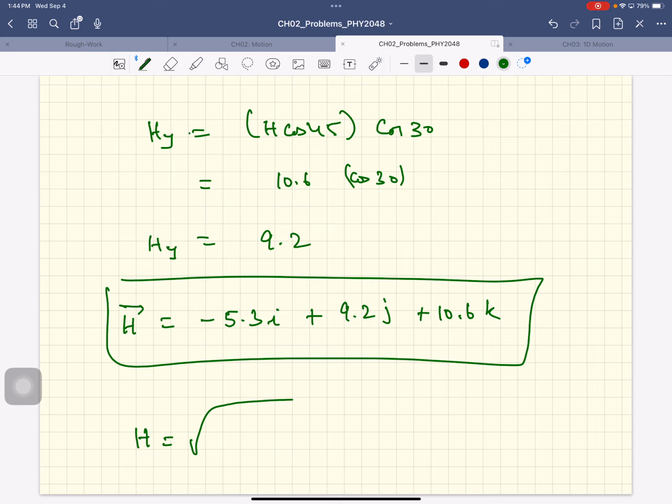Let's do this. You want to get in the habit after a long calculation of doing a cross check.